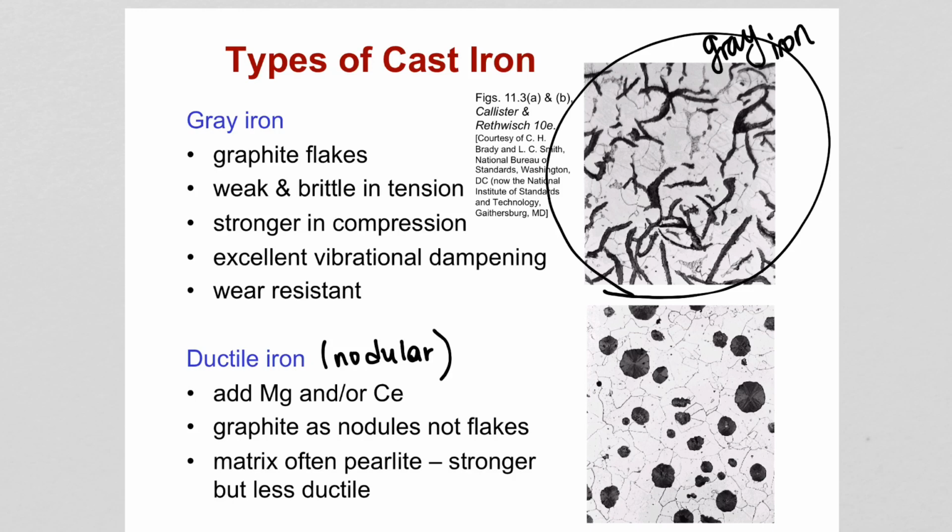Graphite still exists, but this time it is in the form of sphere-like particles, as you can see in this image. The white matrix you are seeing on the microscope can be either pearlite or ferrite, depending on what type of heat treatment you are doing.